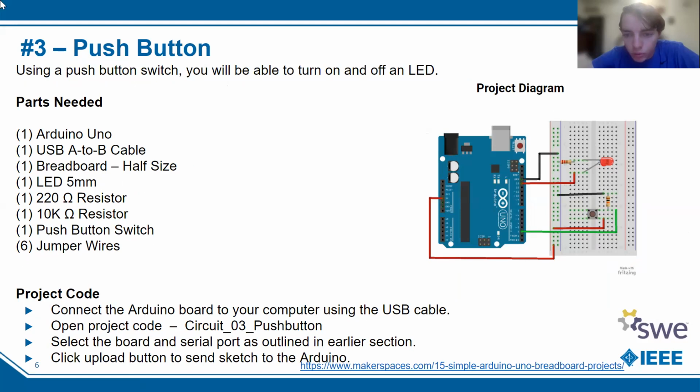So right here, we have a voltage coming in to this side of the push button. When we push the button, it's going to read it back to the Arduino.